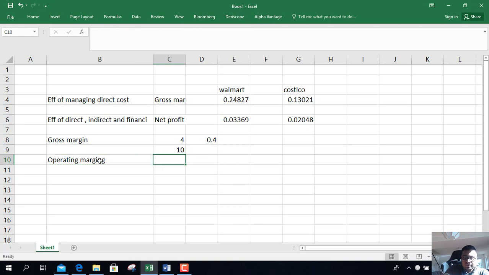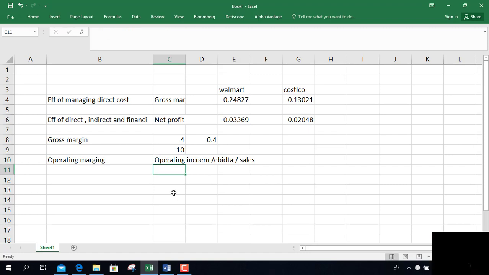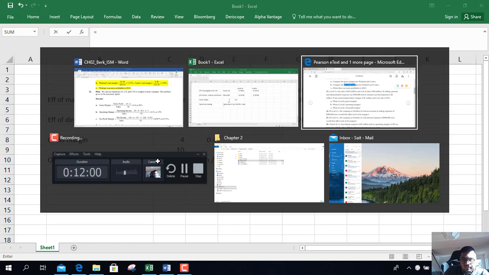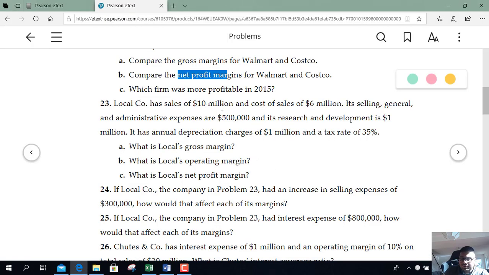Then they're asking you operating margin. Operating margin is generally operating income, or EBITDA, divided by sales. Okay, now what is operating income? It will be 10 minus cost of sales 6 minus SG&A 500,000, so 0.5 million, then development 1 million and annual depreciation 1 million.